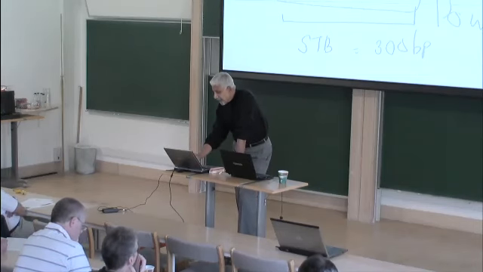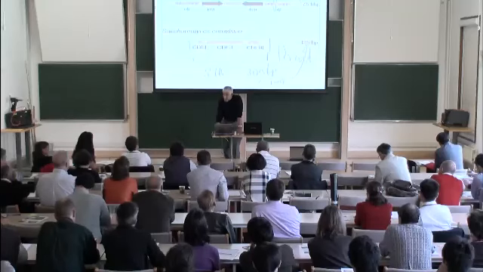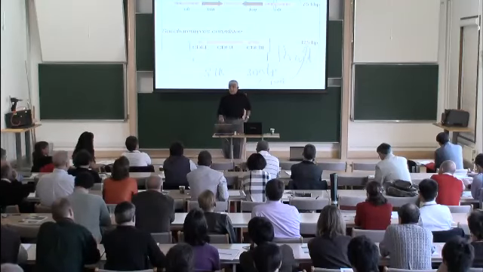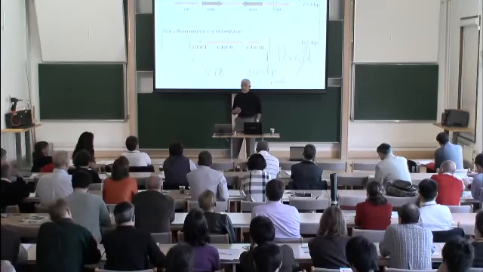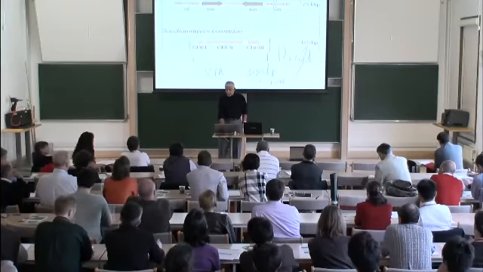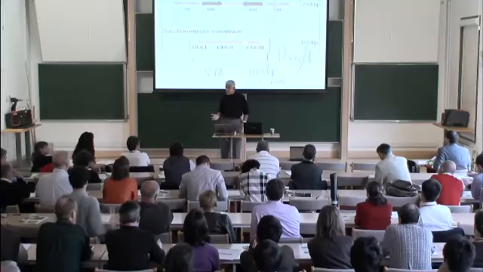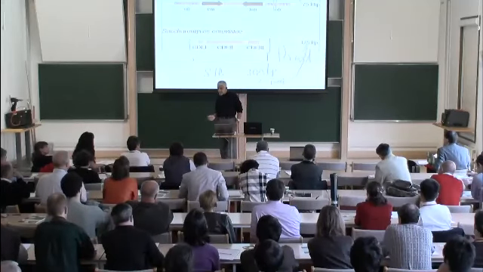And if you look at this 300 base pair sequence, you can see 2 direct repeats of a 150 base pair element, and so that matches the size of a single point centromere of budding yeast. Okay? So if you look at the sequence, both are rich in AT, but otherwise you cannot see this CDE 1, 2, 3 organization, at least in the STB locus of present-day yeast plasmids.